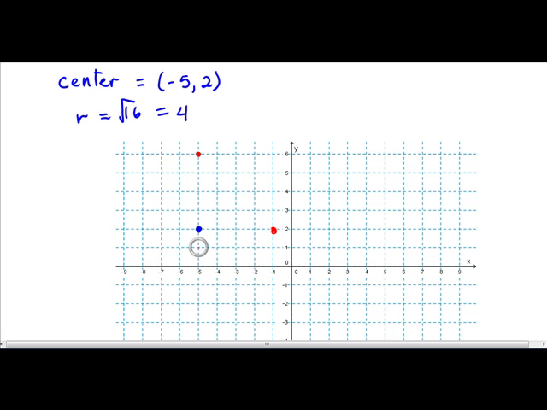And then you can go down from the center by 4, right here. And then go to the left by 4. These are 4 points along the circle. The distance from the center to each point is 4 units, which is your radius. So now all you have to do is connect all 4 points carefully to make a nice circle.